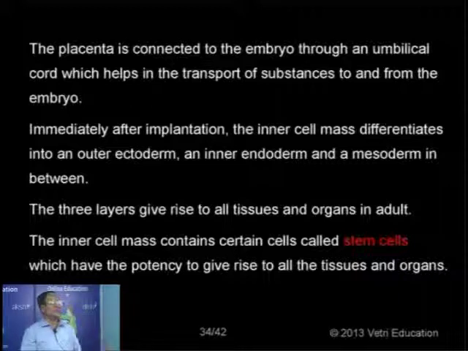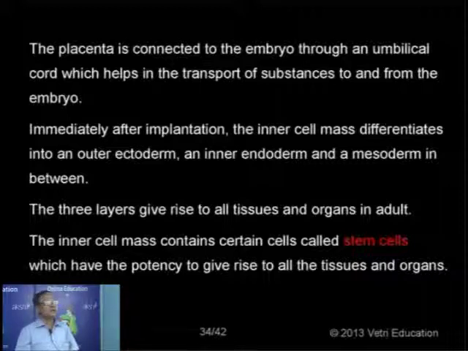The inner cell mass differentiates into ecto, endo and mesoderms. Later these layers give rise to the various organs and organ systems, and that phenomenon is called organogenesis. Some of the cells, instead of undergoing differentiation to form ectoderm, endoderm and mesoderm, remain as stem cells in the embryonic mass.